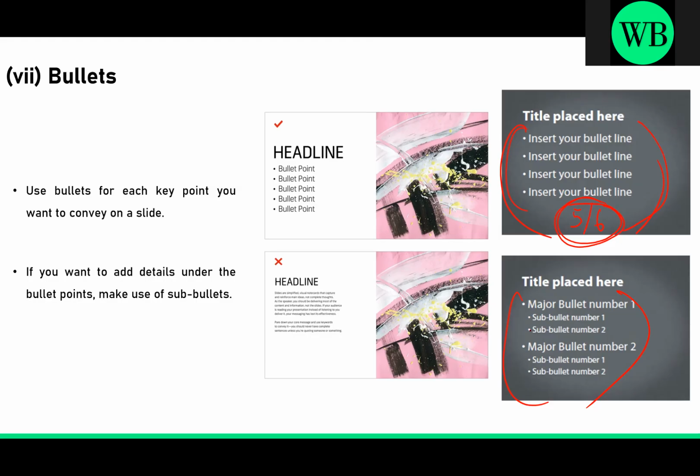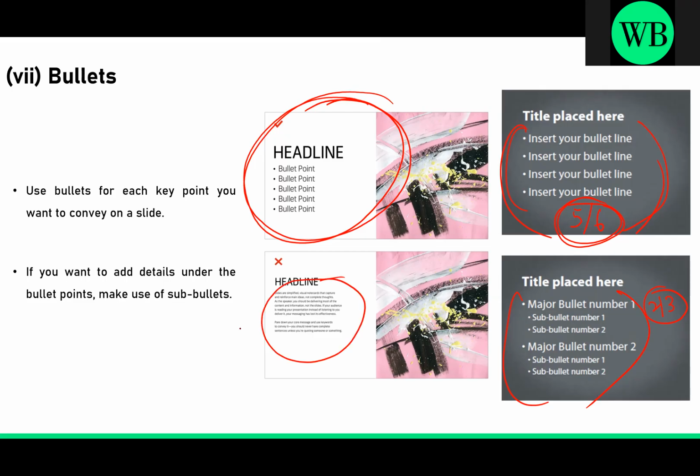If we have some sub points, we try not to exceed 2 or 3 main points with 2 or 3 under them, right? That's what we try to do as a rule, so that our presentations don't look too cluttered or too text heavy. It is much easier for the audience to read when you put stuff in bullet points rather than big paragraphs like this, right?